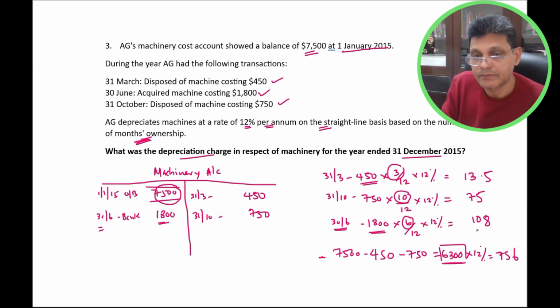So 756 plus 108, plus 75, plus 13.5. The total depreciation amount will be 952.5. So this is the answer for this particular question.